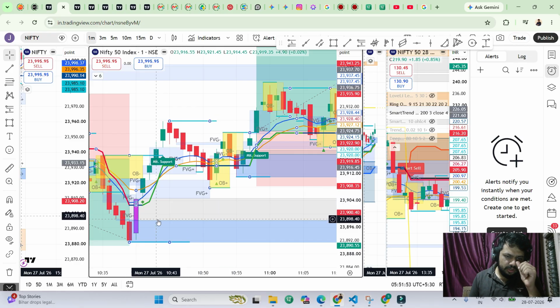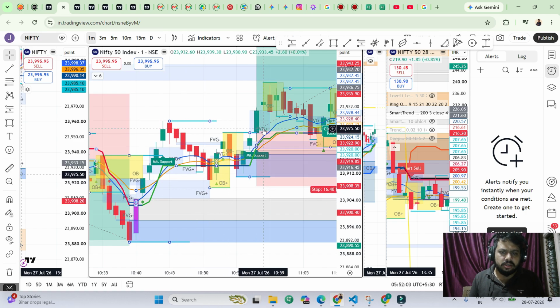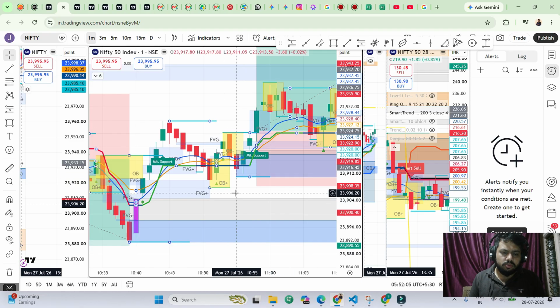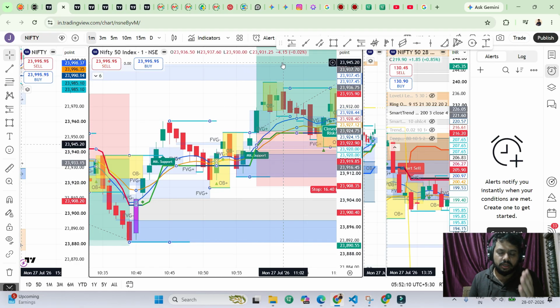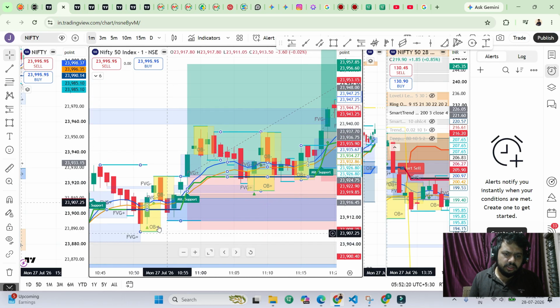Whenever you see order block plus FVG, there's too much chance that when a market comes down to this level and starts getting rejected, many times it will start going towards the other side. Okay, that is the reason I'm keeping FVG also like order block also. Whenever it gets rejected from here, then there is an order block. Okay, listen carefully, then there is an order block.